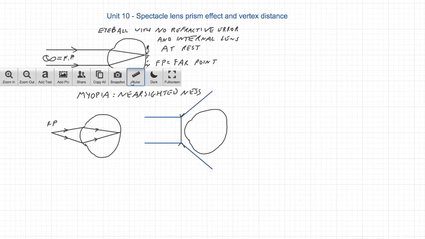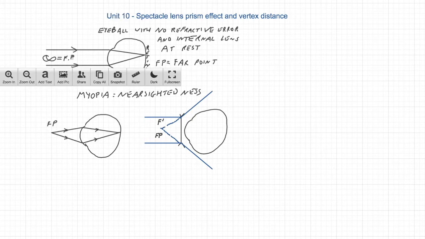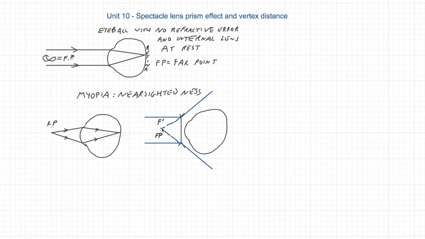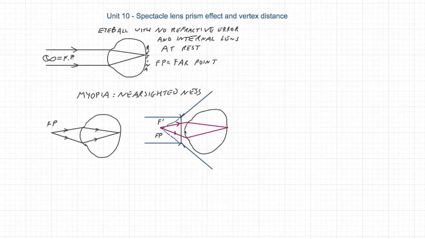And if we extend those diverging rays back, we find the secondary focal point of this lens, which coincides with the far point of the nearsighted eye. So we have a virtual image forming at that point, which becomes a virtual object for the eyeball, which then takes the light from that point and precisely focuses it on the retina, on the inner lining of the back of the eye.